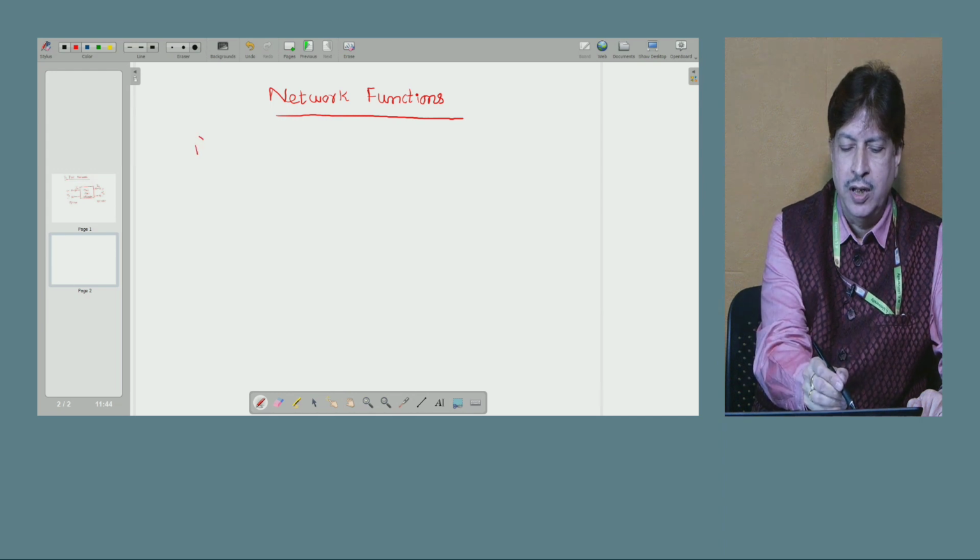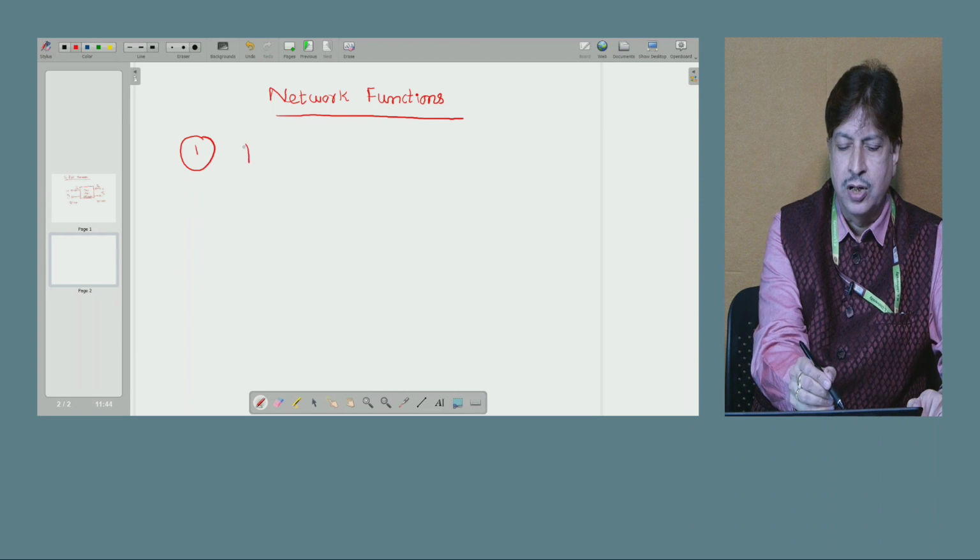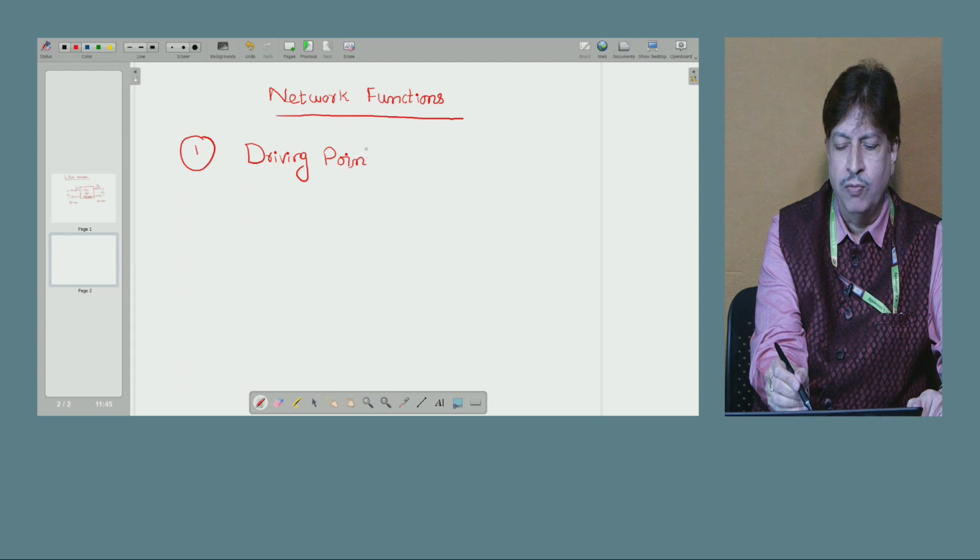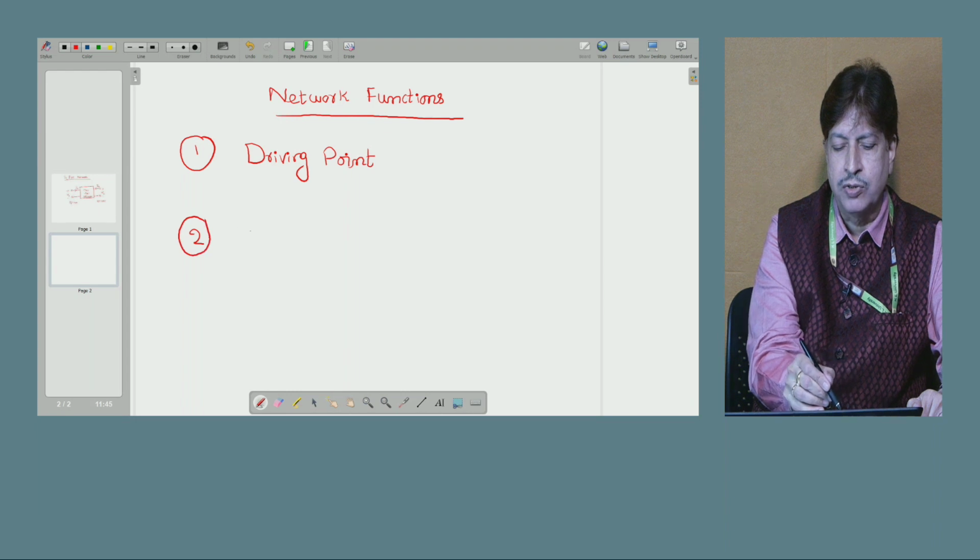The first one is driving point function, and the second one is transfer function.